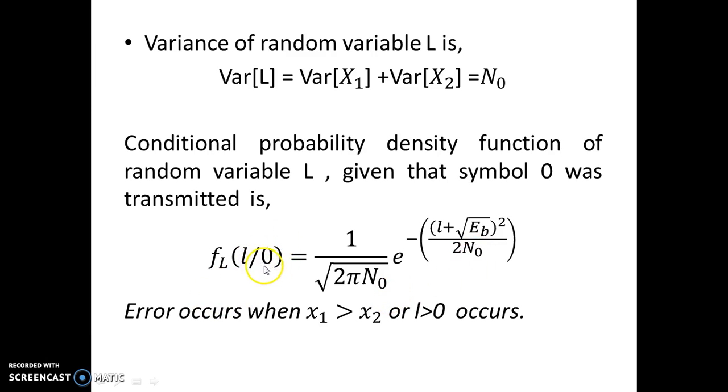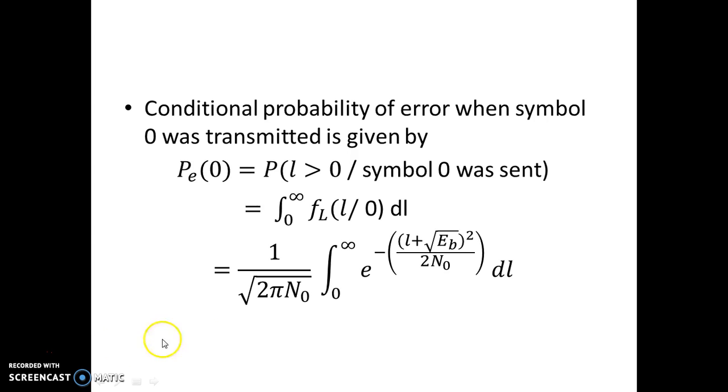So when symbol 0 was transmitted, obviously x1 should have 0 output, and x2 will have some value in it. But an error occurs when x1 is greater than x2, or in terms of L, when L is greater than 0. The conditional probability of error when symbol 0 was transmitted is given by Pe(0).